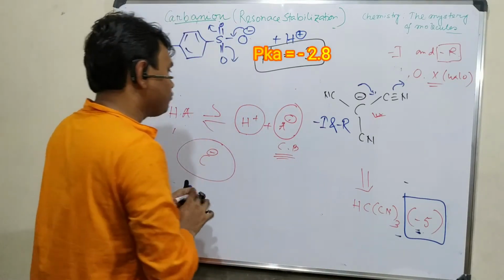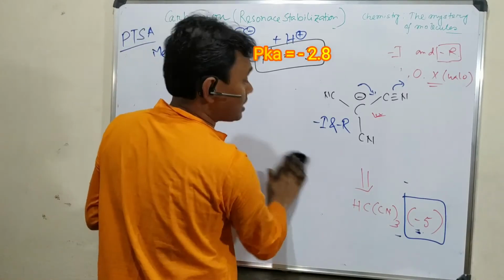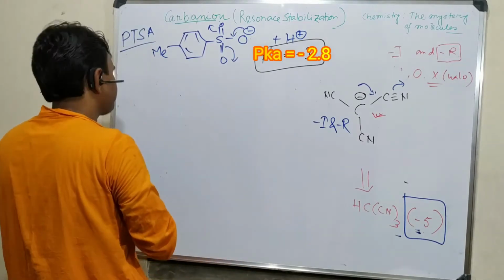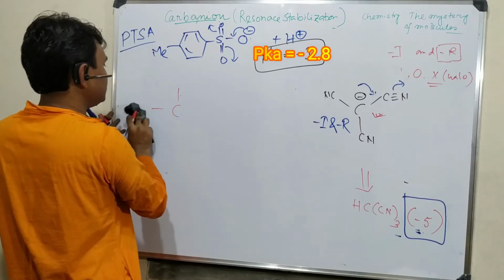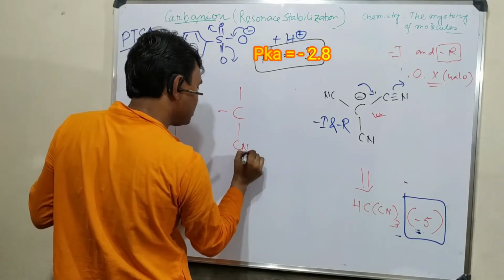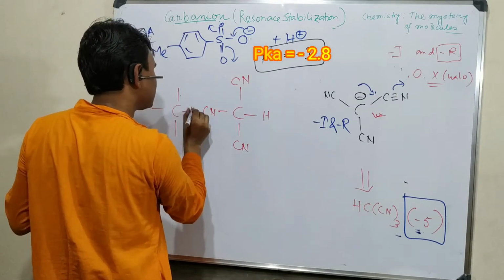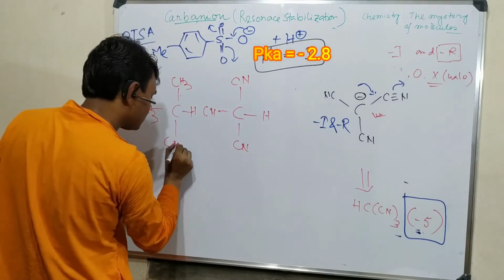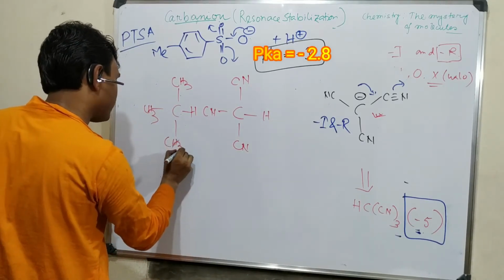You may have one question. Since it is a tricyanomethane, it could be a bulky molecule, and that's why it is not stable. You can ask that question, or you can argue this with this tertiary butyl, this versus this. But why bulkiness is not that important a factor?